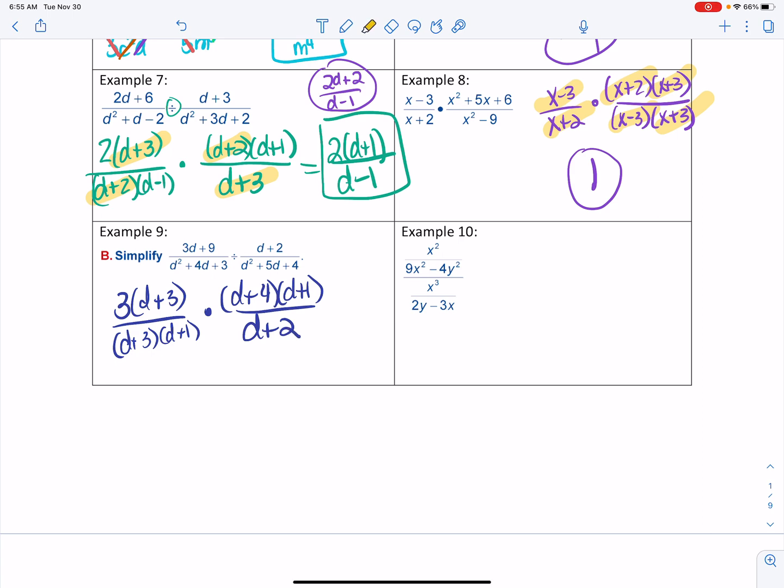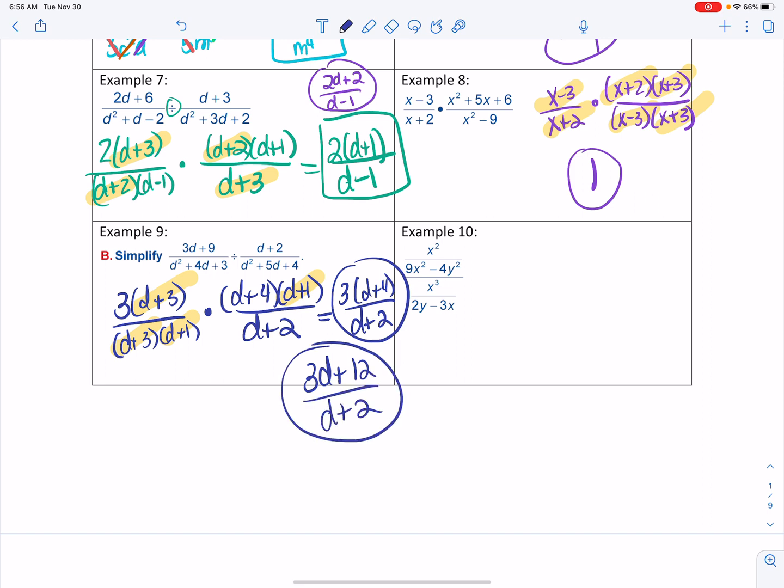So I'm going to highlight everything that's the same. So my answer is 3 parentheses d plus 4 over d plus 2. If you multiplied that 3 in, 3d plus 12 over d plus 2, I would take that as an answer, but you do not have to.